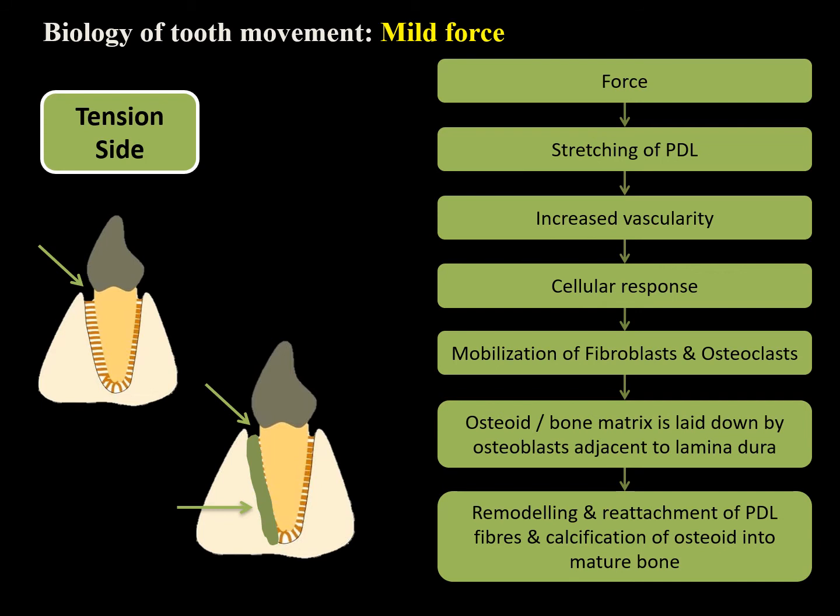The fibroblasts will enable the osteoid or bone matrix to be laid down adjacent to the lamina dura, and eventually it will remodel and also reattach the lost periodontal ligament fibers, followed by calcification of osteoid into mature bone.